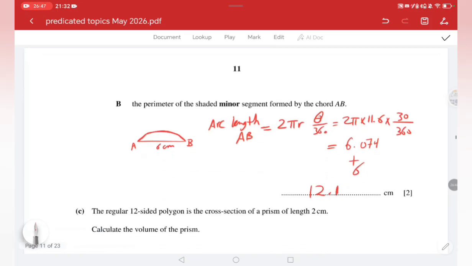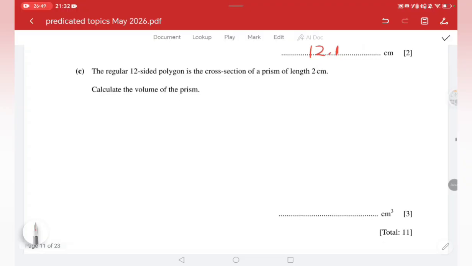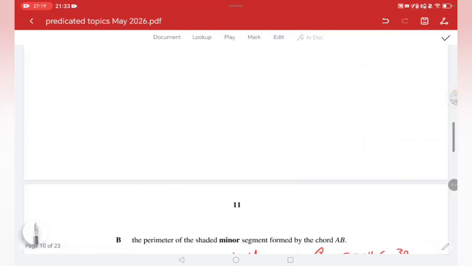Okay, next one. The regular 12-sided polygon is the cross-section of a prism of length 2 centimeters. Calculate the volume of the prism. If you need to find the volume, it's the cross-section area times the length. You have the length, so you need to find the area. To find the area of the polygon, you first have to find the area of one section inside this one, and then multiply by 12.